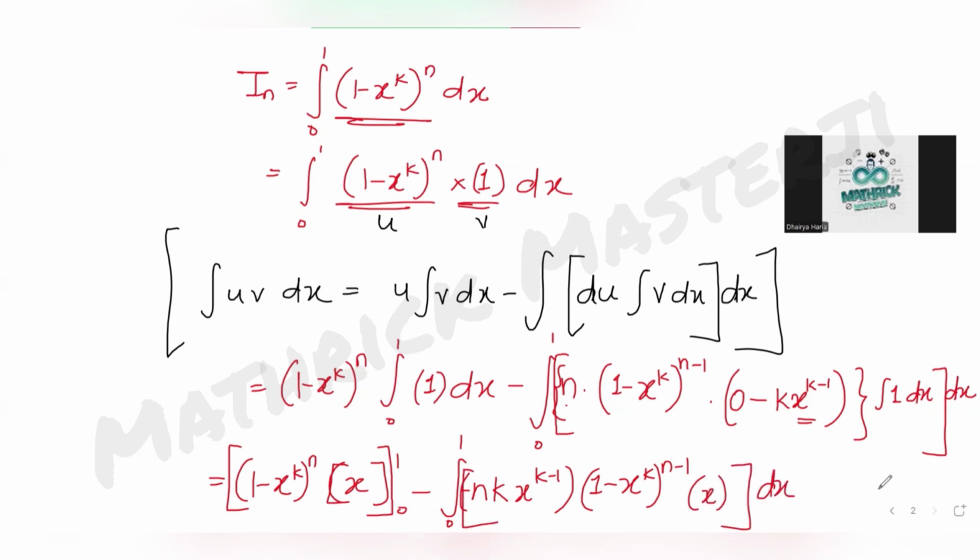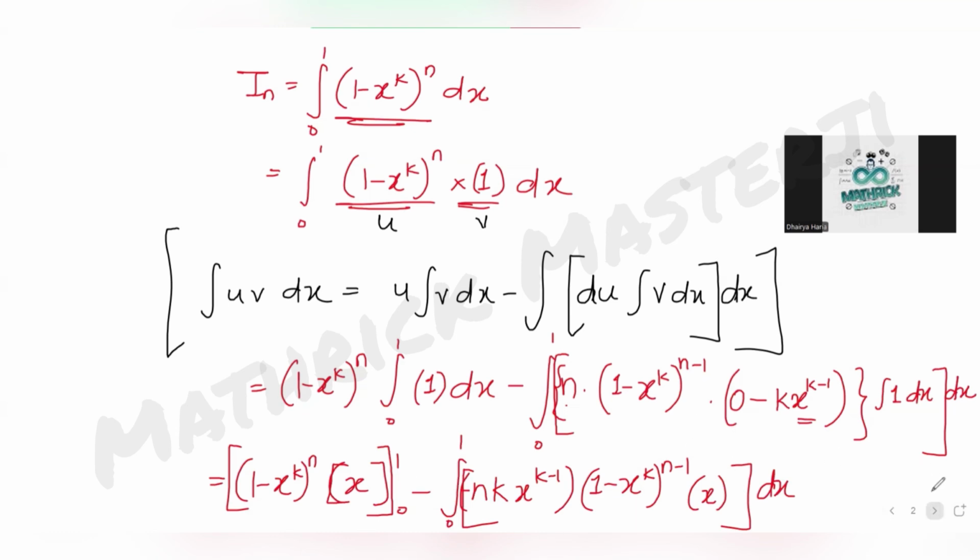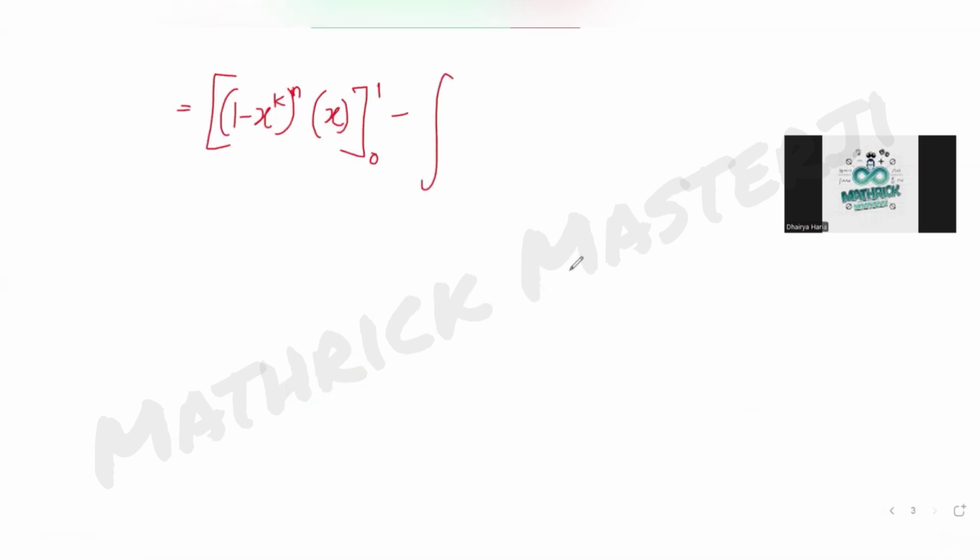Simplifying further, I get (1 minus x raised to k) the whole raised to n times x, with limits from 0 to 1, minus the big integral, again with limits from 0 to 1.